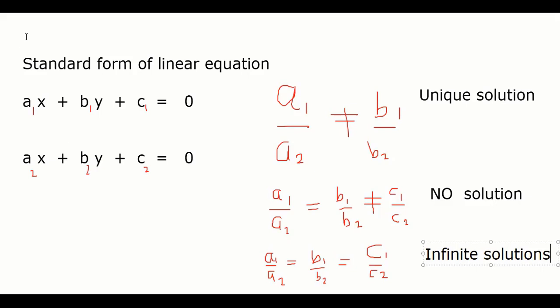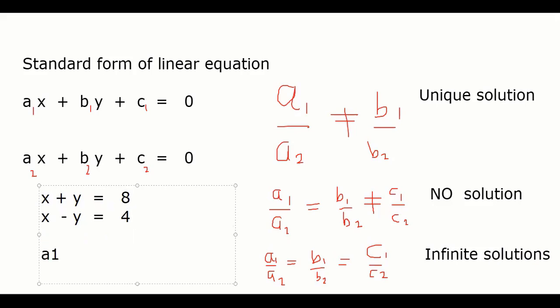Now, for example, if I give an equation like this: x plus y equal to 8, and x minus y equal to 4. Tell me, what is A1 by A2 here? It is 1 upon 1, so 1.